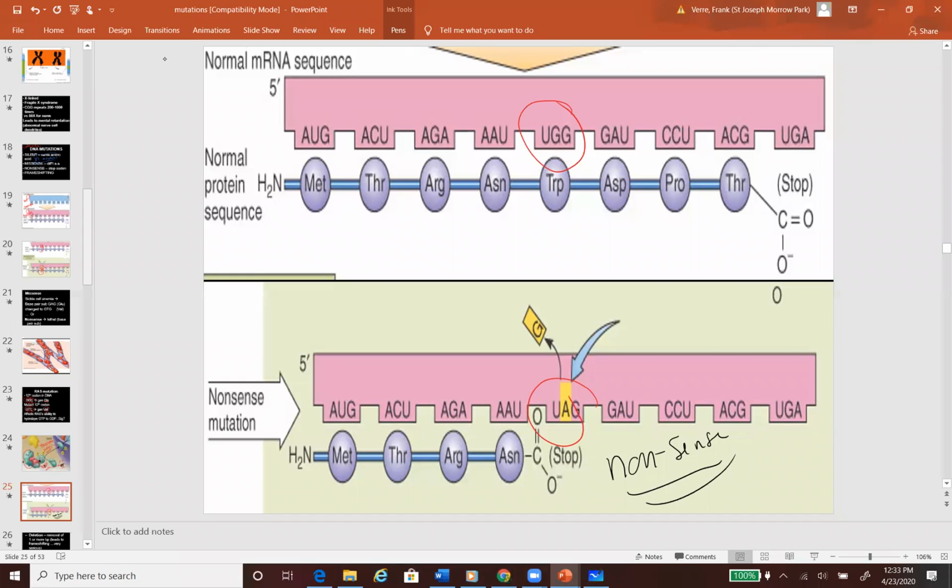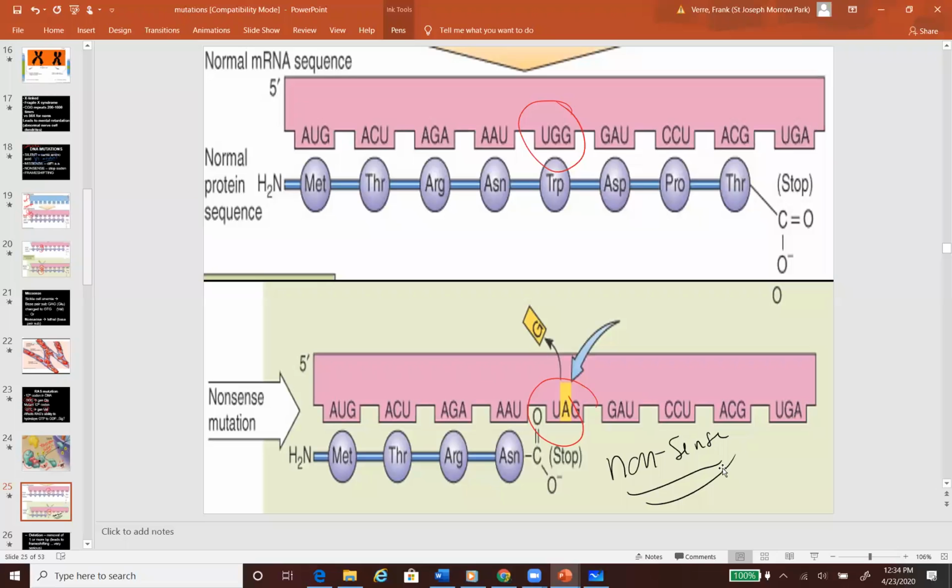We just talked about a missense mutation might not have any effect at all, right? But with a nonsense mutation where you're missing a chunk of the protein, I would say it's going to have a major effect, because you're missing a chunk of the protein. The odds are it's going to have some sort of an effect.